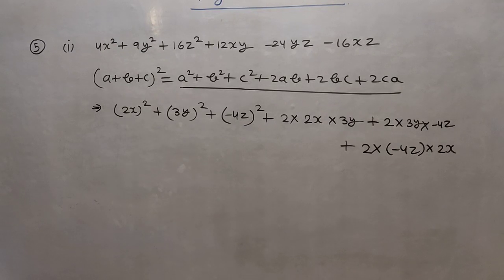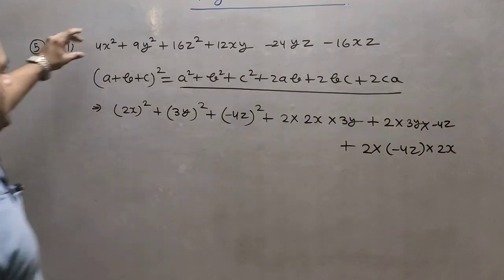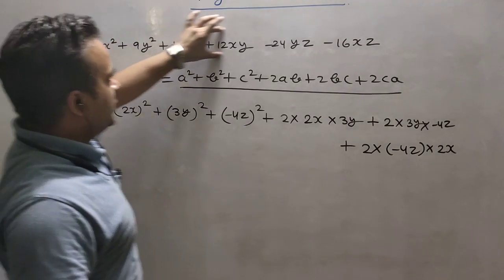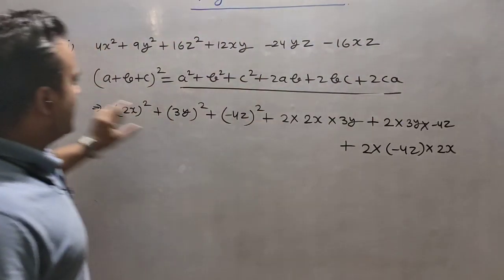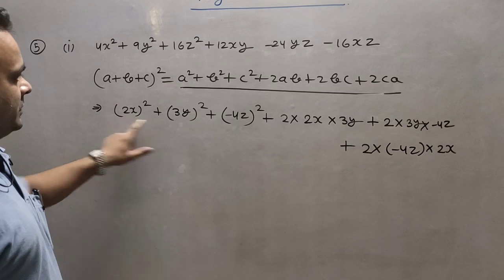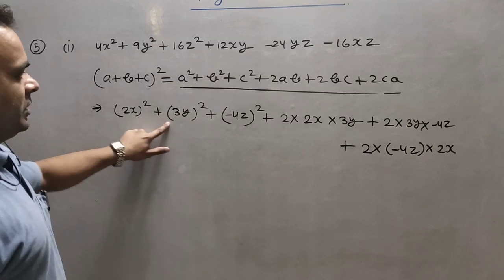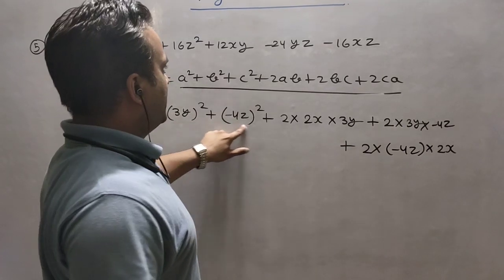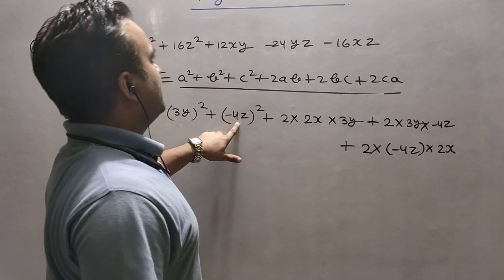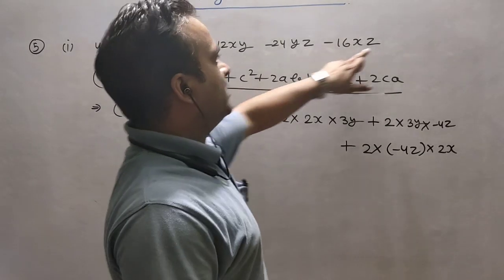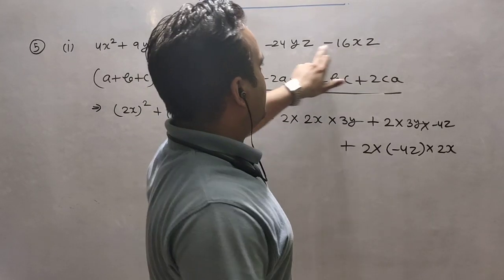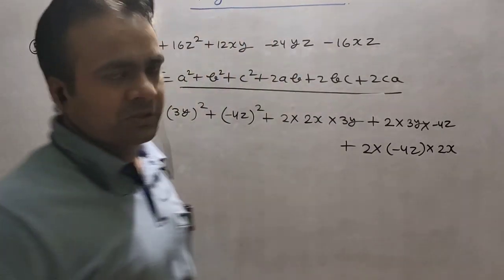Now you can see we have created this particular form according to this form. We are having a square, b square, c square, and c we have detected that it is in minus. Why is it minus? Because z and z both are z, and because of this z it is going to be minus.